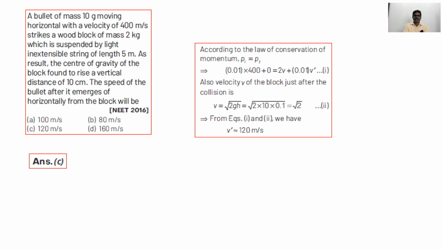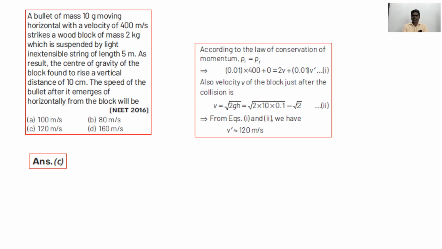On substituting, v square equals 2gh and v equals square root of 2gh. Substituting g as 10 and h as 0.1 meter, that is 10 centimeter converted to meter, 10 into 10 power minus 2 is 0.1. So 2 into 10 into 0.1 gives square root of 2.